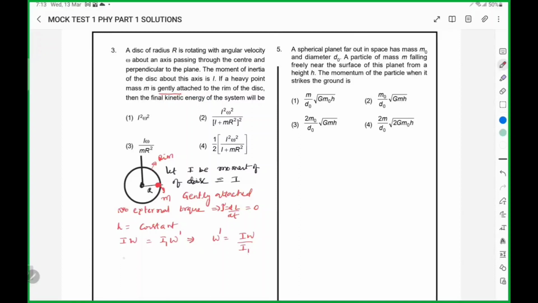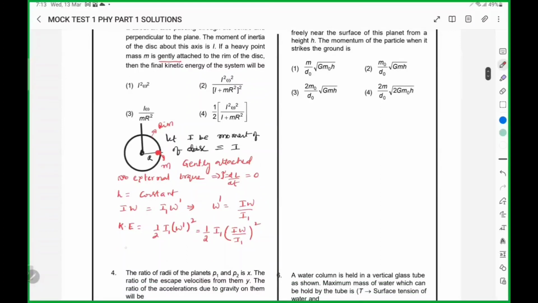So what is asked is the kinetic energy of the system, half I1 omega dash whole square. Omega dash is I omega by I1, so it is half I1 into I square omega square by I1 square.